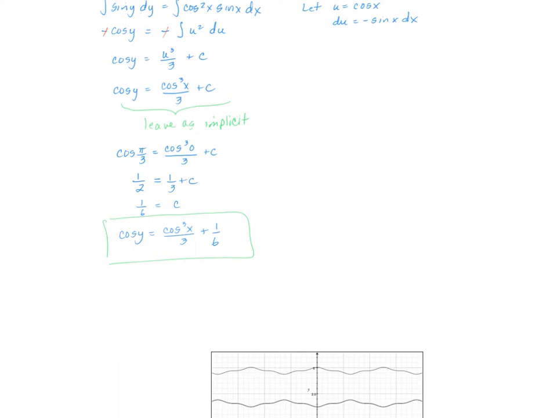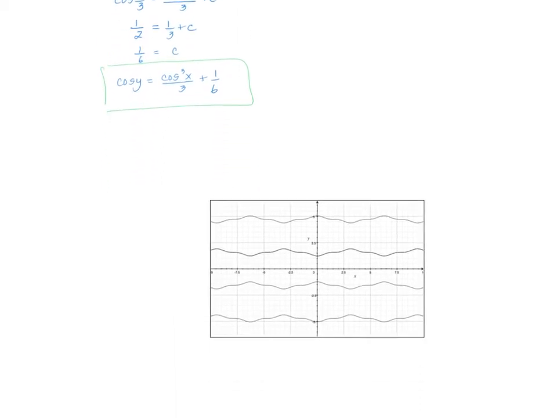So I've used a graphing program to graph all the possible solution curves. And the solution curve that corresponds to that specific solution would be this curve here. Because when x is equal to 0, I'm at 1/3 plus 1/6, yeah.